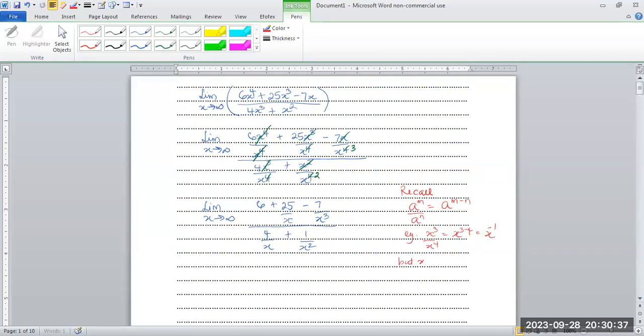But x to the negative 1 is equivalent to 1 over x. We never normally write a negative index; indices are normally written as positive. So once we get a negative exponent, we reciprocate to make it positive. Okay, sir. Thanks.